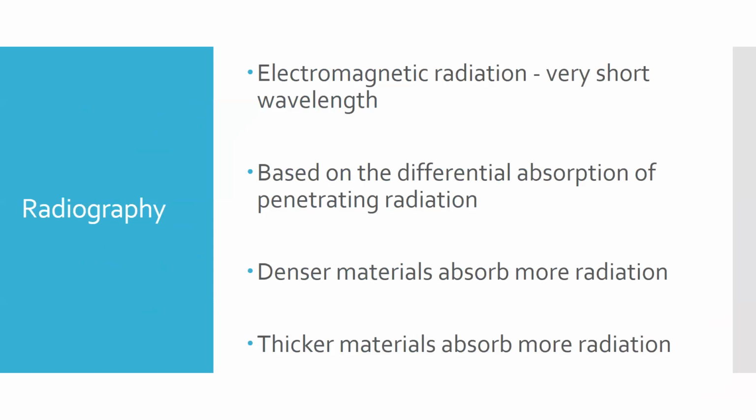Thicker materials or areas are going to absorb more radiation than thinner ones. So with a flaw like corrosion, which causes thinning of a material, areas that are corroded will give you more electromagnetic radiation, X-ray or gamma ray transmission, than areas that are not corroded. And cracks are going to be a path where radiation can travel fairly easily compared to the non-flawed areas right next to them.